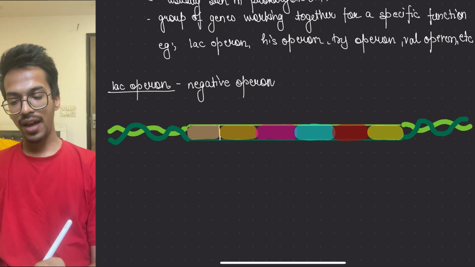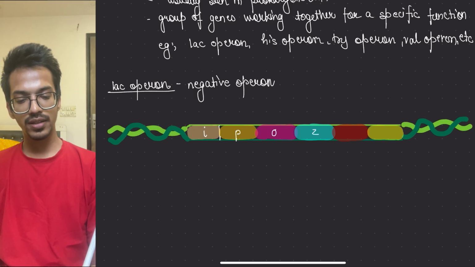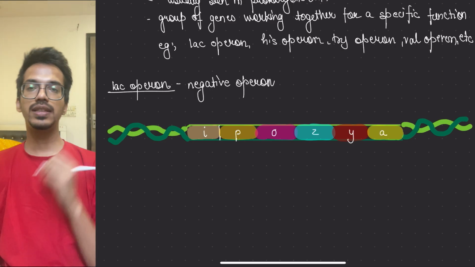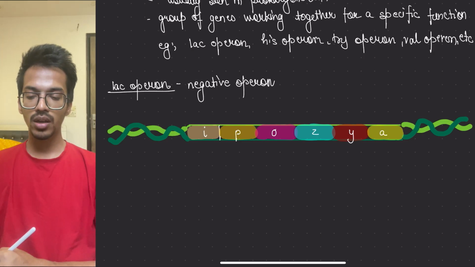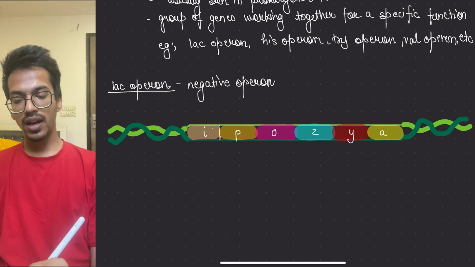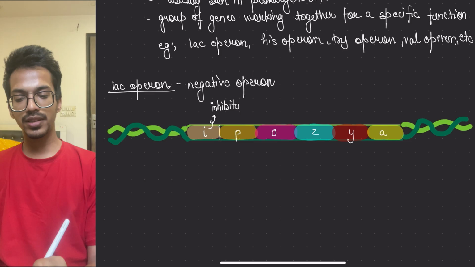So we have I, P, O, Z, Y, A. These are the genes, and they have different names also. This gene I is known as the inhibitor gene.